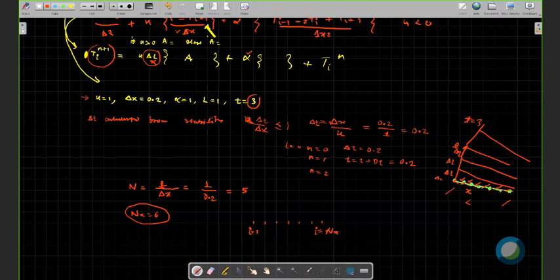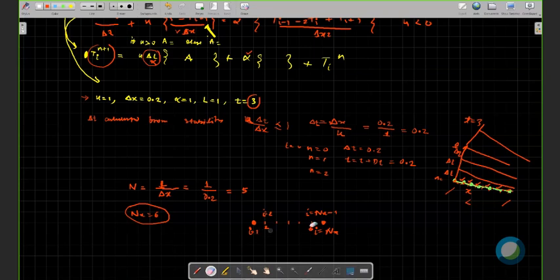So these are boundary points. So i equals 2 to i equals nx minus 1, means 2, 3, 4, 5, 6. For 2 to 6, this equation should be calculated.